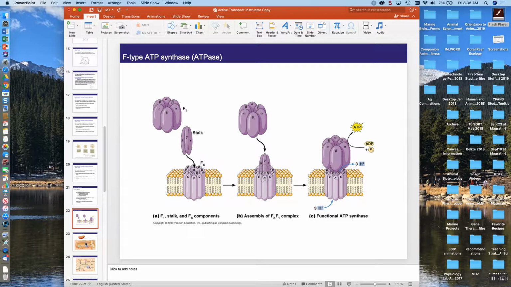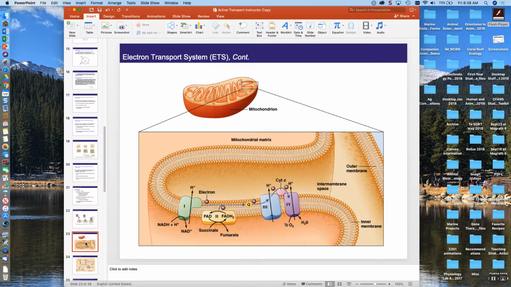But this is also called an ATP synthase. I find this fascinating. How many of you remember this cascade of events? Does it bring back memories of Biology 1009? If you took that, yes. This is the electron transport system, right? And these components of the electron transport system use this aerobic pathway.